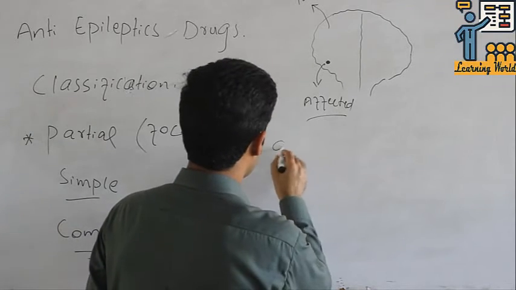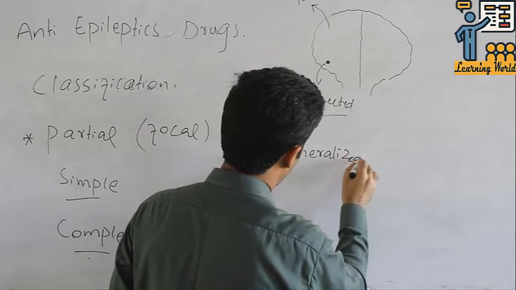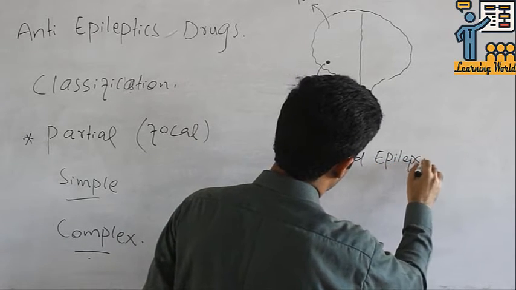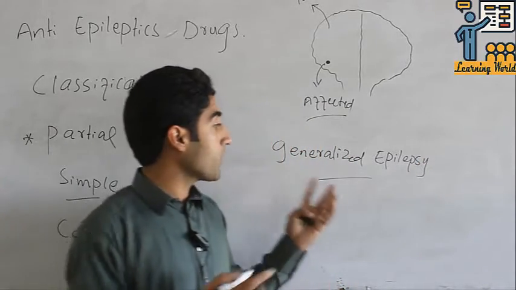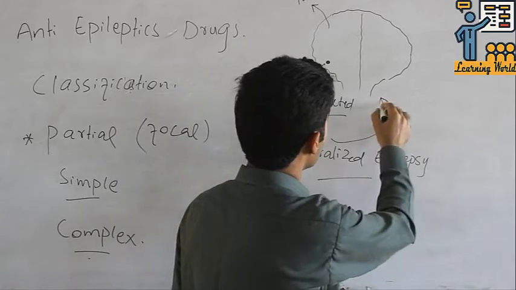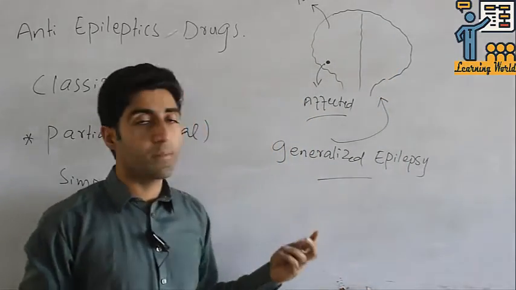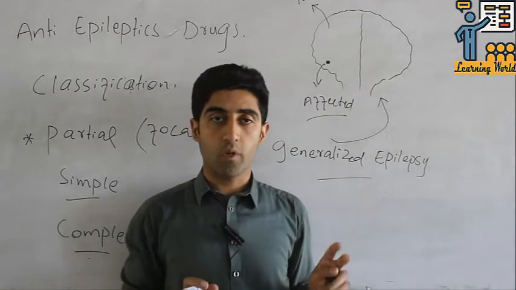Second is generalized epilepsy. In generalized epilepsy, both hemispheres of the human brain are affected.